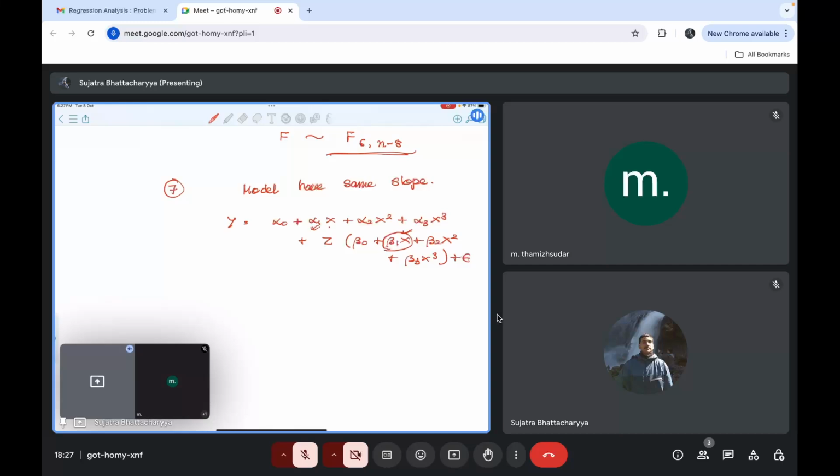Actual slope is alpha 1 x. But same slope means single slope. So one of the dummy parts, we generally remove it. Therefore, if you remove the dummy part, you have to keep beta 1 equal to 0. All other terms will remain as they are because it's a same slope model. They never told that it's a single straight line model or a single quadratic fit model or a single cubic fit model. Remember? So this has to be taken care of.